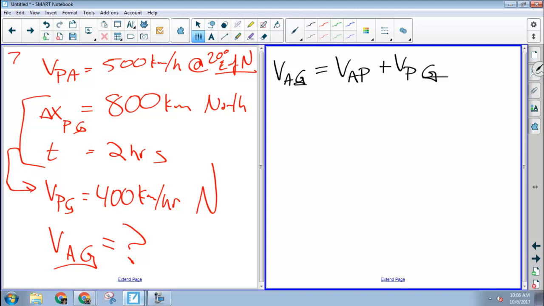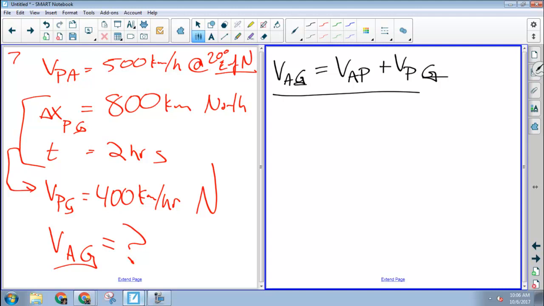Awesome. Now I have an equation that I can use to help me find the thing that I'm missing. This is huge, you guys. I cannot understate the importance of this. When you're dealing with relative motion, you have to come up with this equation. Is everybody good with that? All right, great.